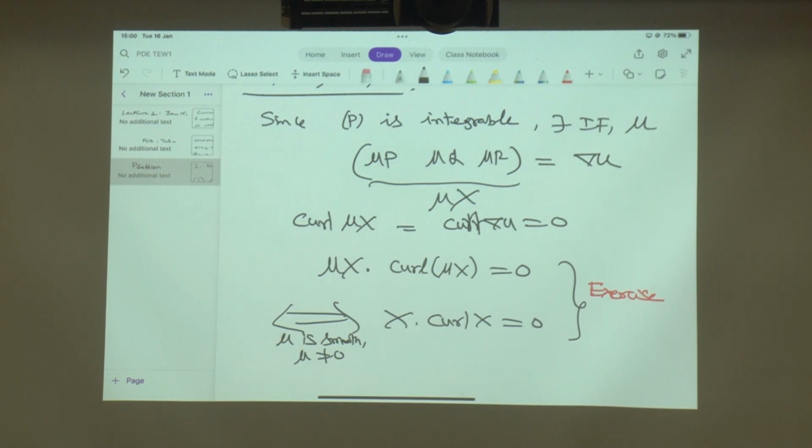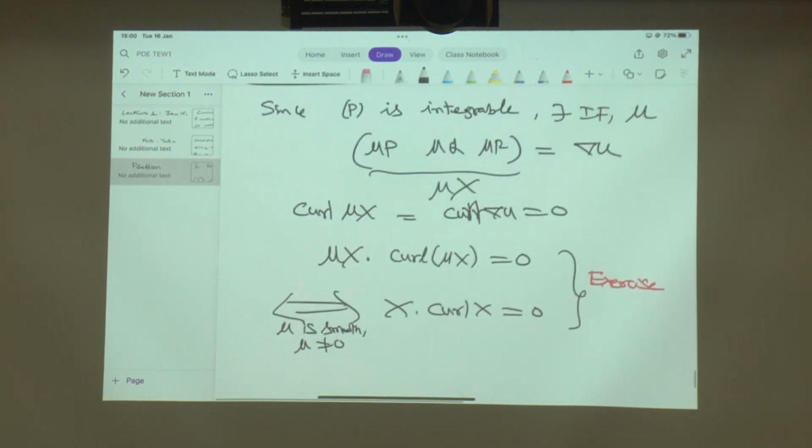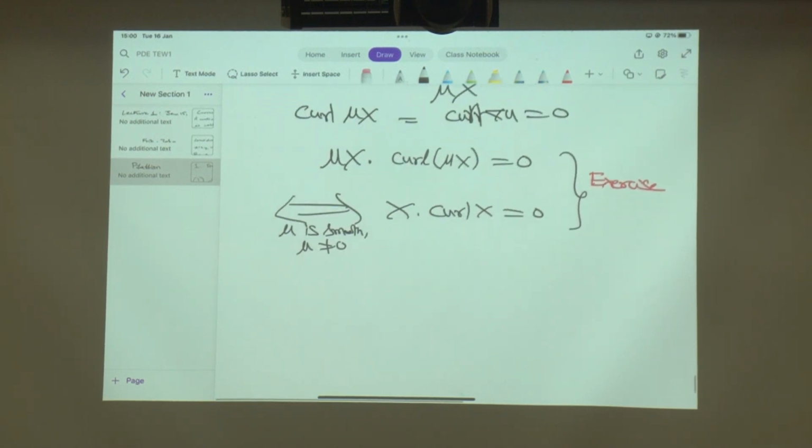X dot curl x is 0 if and only if mu x dot curl mu x is 0 for any mu which is smooth and not 0. Because somewhere there will be a mu square factor in this computation of mu x dot curl mu x, some mu square will come out. If that is 0, you can't conclude anything about x dot curl x. So assume mu is never 0. So therefore we have shown 1 implies 2.